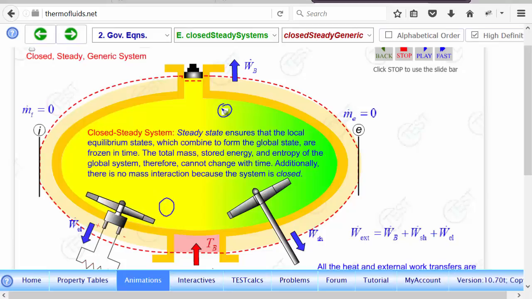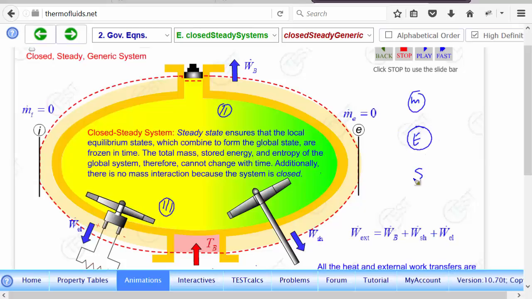So you have to sum up the mass of each of these local systems, which I call pixels, to get the total mass. Similarly, to find the total energy of the system, you have to find the energy of the local system and then sum up all this energy together to get the total energy of the system.